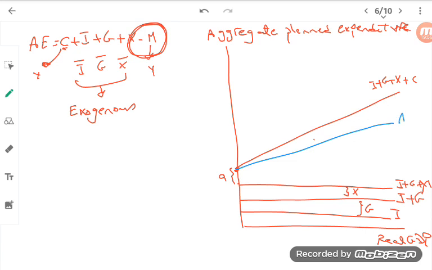This is the aggregate expenditure equation, or I plus G plus X minus M plus C. The blue line is aggregate expenditure. This is M.